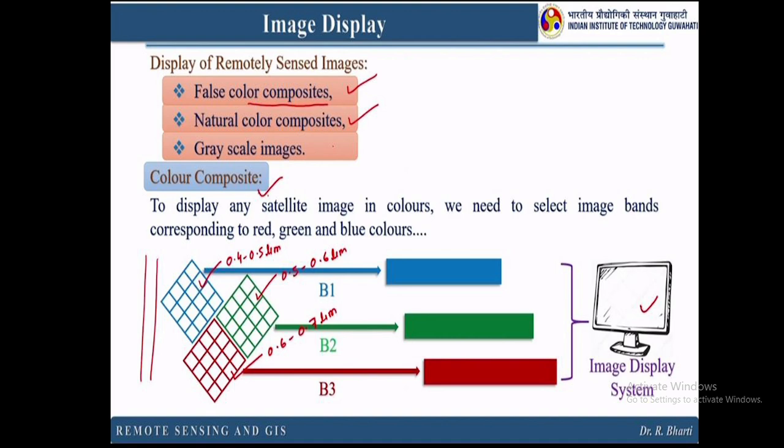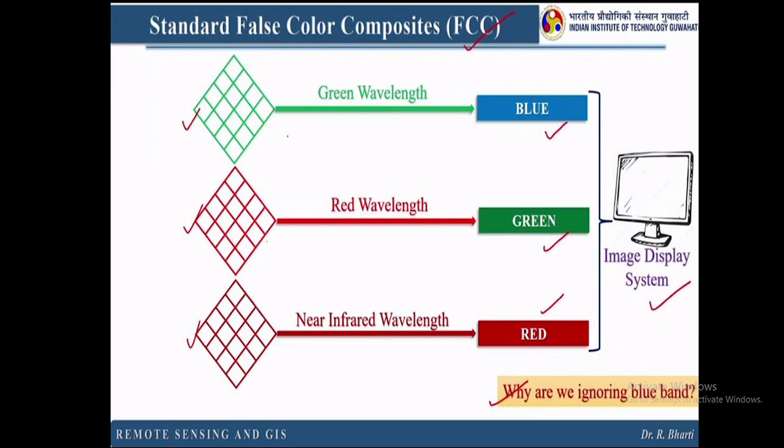The blue color wavelength is 0.4 to 0.5 micrometer, the green color wavelength is 0.5 to 0.6 micrometer, and the red color wavelength is 0.6 to 0.7 micrometer. In the standard false color composite, the green color is converted to blue, the red color is converted to green, and the near infrared wavelength is converted to red.